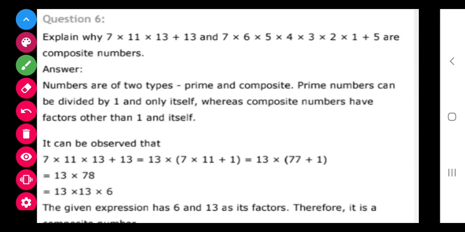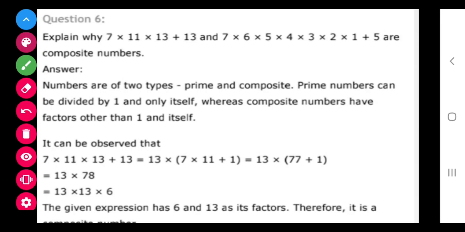It means that number can be written as a product of other two numbers. देखो, if suppose I am writing 13, 1 into 13, but 13 cannot be written in any other form, so that's not a composite number.